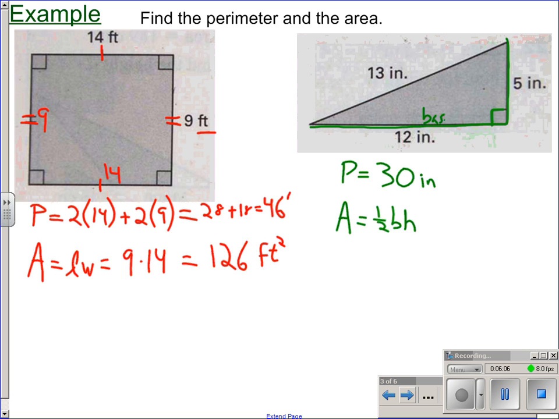We'll call this one the base. We'll call this one the height. It really doesn't matter what you call them, but they got to be perpendicular to each other. So we got 1/2 base, which is 12, times the height, which is 5. And that gives us 30.